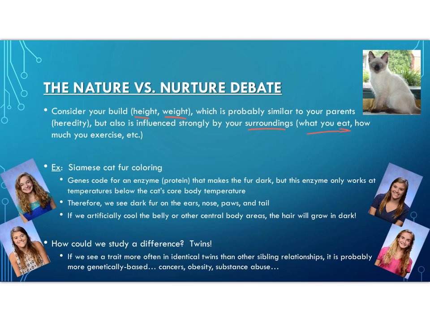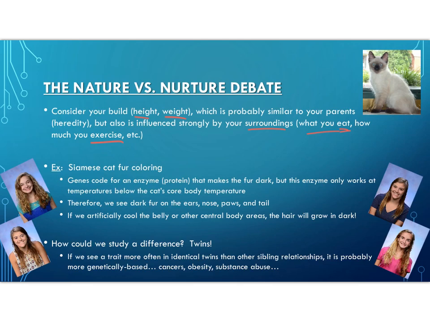Your diet, your nutrition, how much you exercise can play a role in how tall you grow to be when you're a kid, and certainly throughout your life, how much weight you carry. So almost every trait actually has both of these pieces: the nature piece, the genetic piece, and the nurture piece, that experience piece.